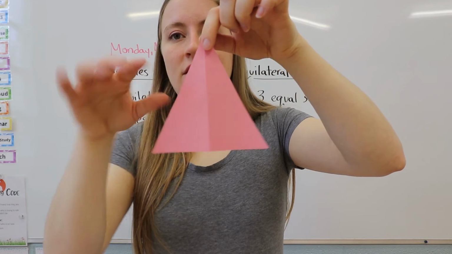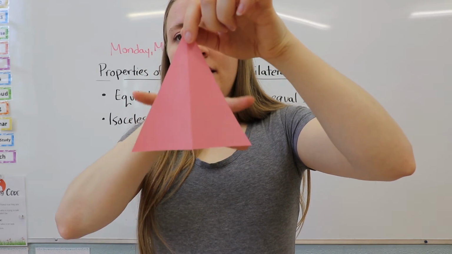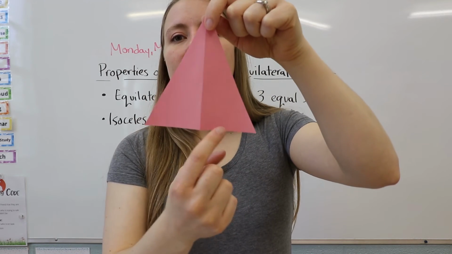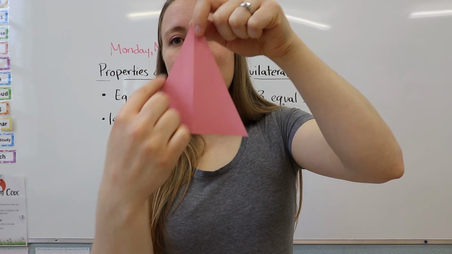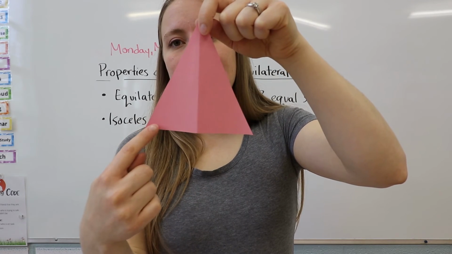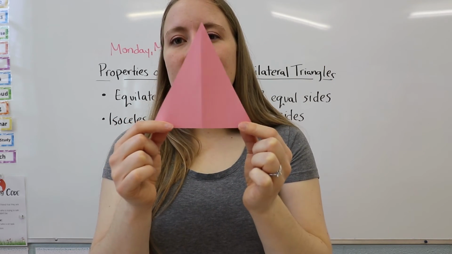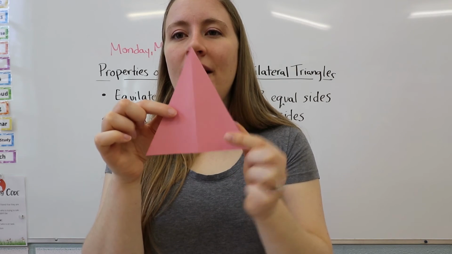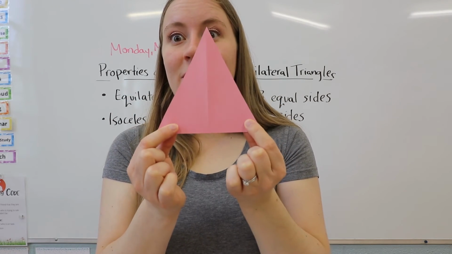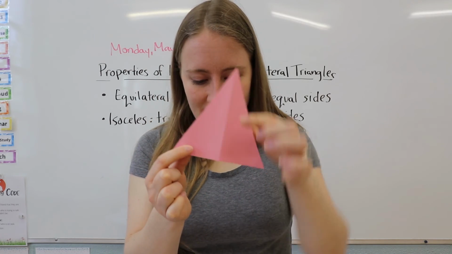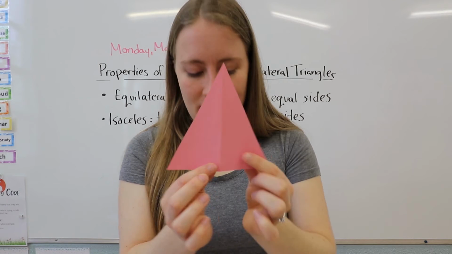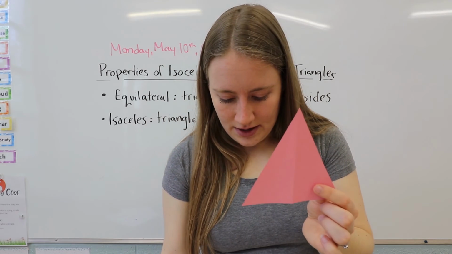So when we have our two equal sides, this is one of the equal sides, and this is the angle opposite, and this is the other equal side, and this is the angle opposite. So kind of crisscrossy, but they're at the feet of the two equal sides. These two angles are equal, okay? Which is very cool. We're going to be looking into this a little bit more coming up, okay?